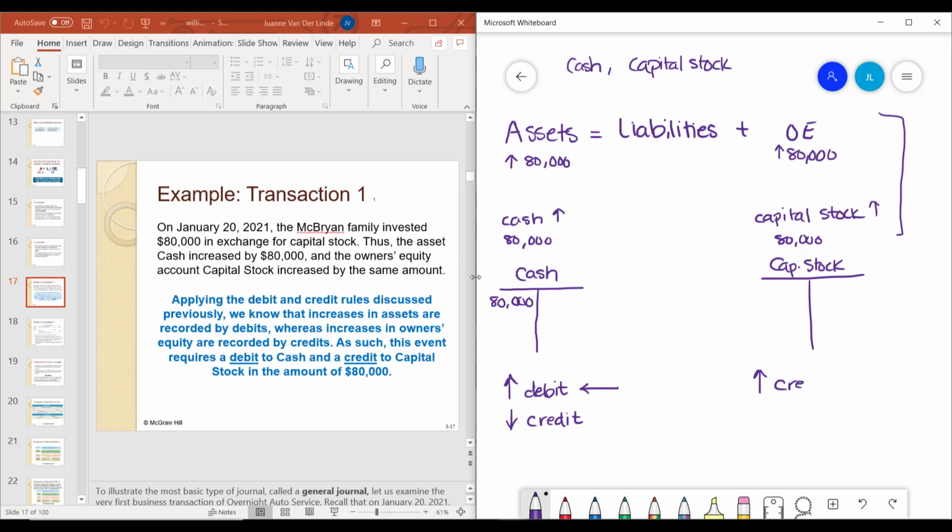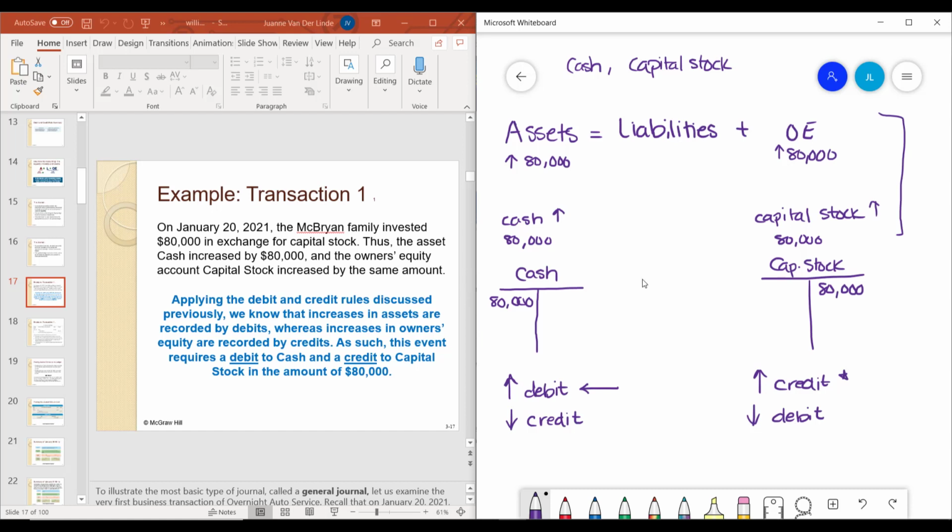Increases are shown with credits, and decreases are shown with debits. Credit is still on the right side, debit is still on the left side. So since capital stock is going up, we need to show that on the credit or right side by crediting capital stock in the amount of $80,000.